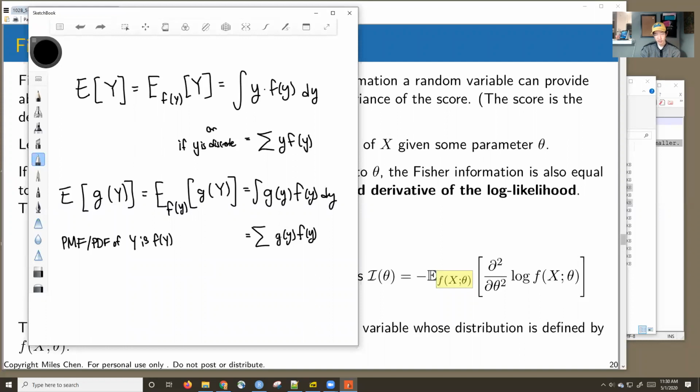So you take every possible outcome y, plug it into your function g of y, and multiply it by the probability f of y. So the expected value of y is this. Your variance is going to be the expected value of y minus mu, the expected value of y, quantity squared, and things like that.